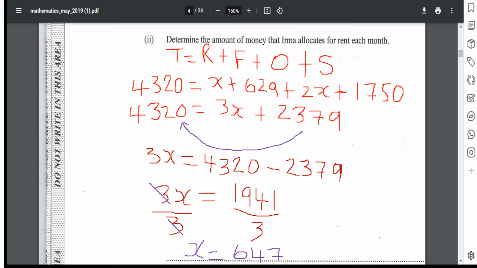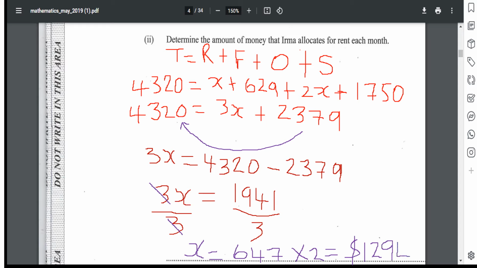So we multiply by 2 to get the rent amount for the month, which is a total of the dollar amount, 1,294.